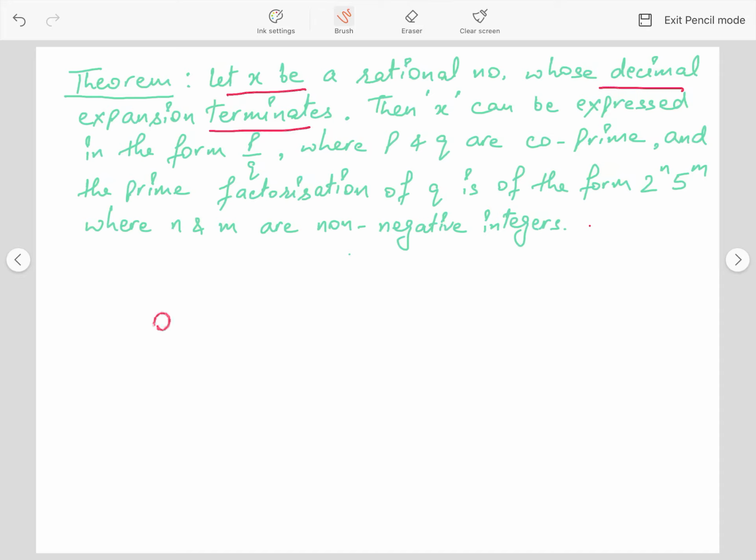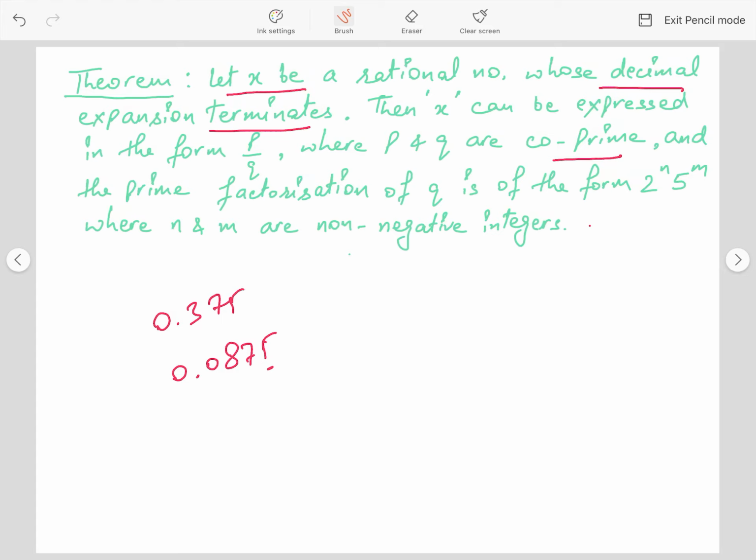We have seen in the examples like 0.375 and 0.0875 that the decimal expansion terminates. Then x can be expressed in the form p by q, where p and q are co-primes and the prime factorization of q is of the form 2 raised to the power n and 5 raised to the power m, where n and m are non-negative integers.